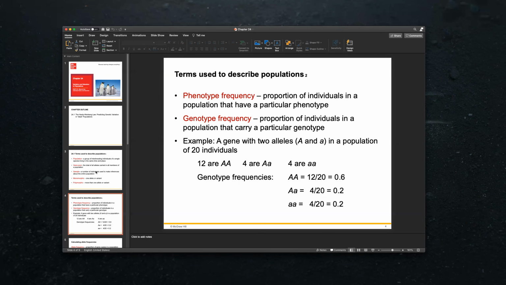For the frequency, you just take it out of the total, right? Got it.